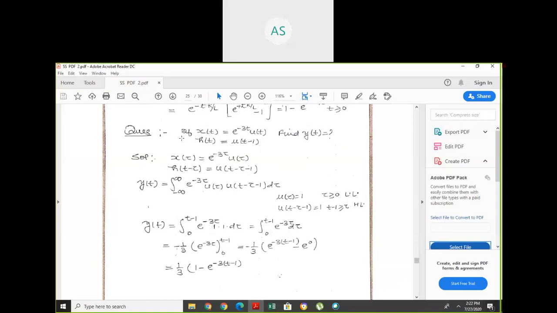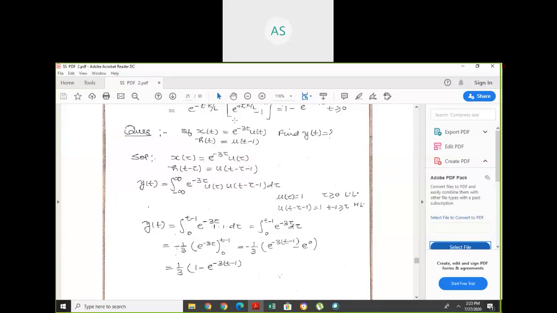Next question on convolution. X of t is equal to exponential minus t u of t, and h of t is the impulse response, given by u of t minus 1. Then find y of t. If you know the input and the unit impulse response and you have to calculate y of t, then simply take the convolution of the two. So x of tau is given by exponential minus 3 tau u of tau.